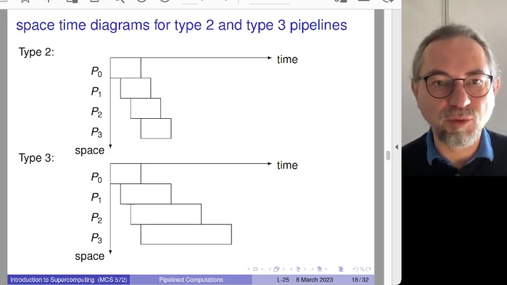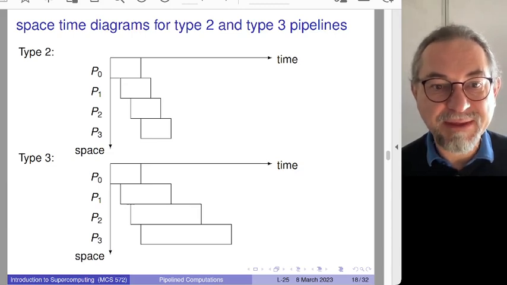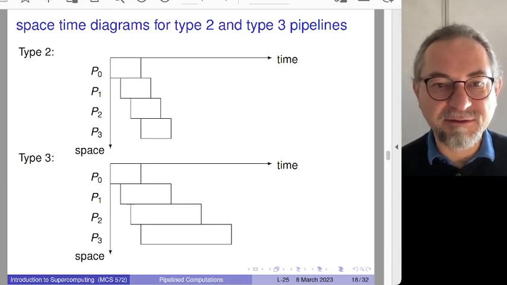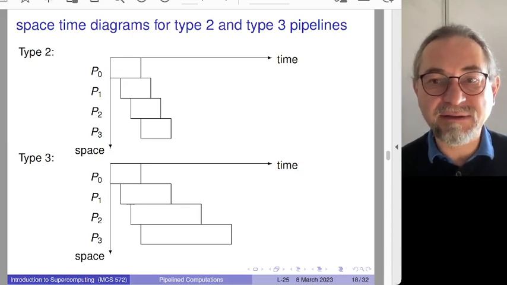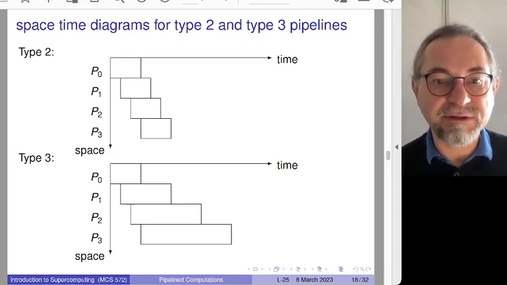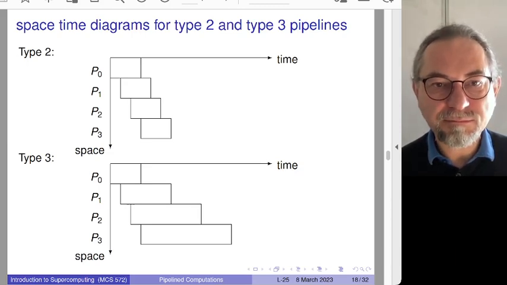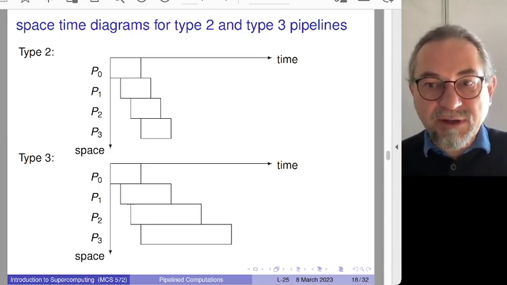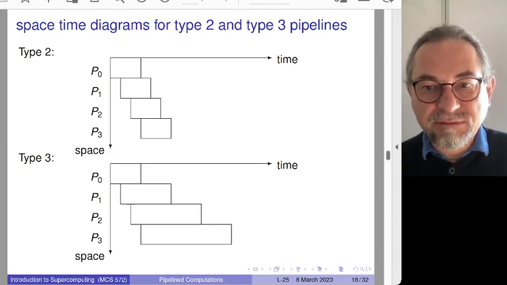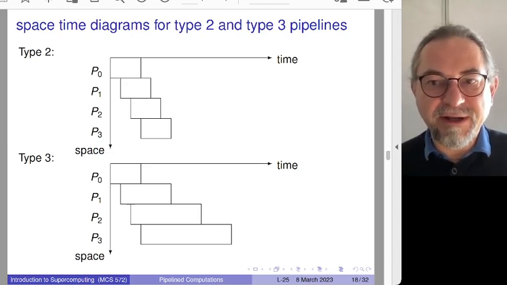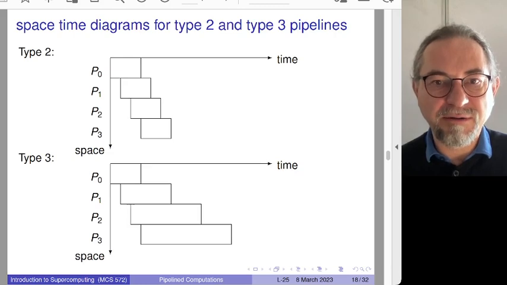So it's not too hard to come up with examples, and actually most of the pipelines will actually be of type 3, where the processes are overlapping and they are also different in time. So the type 1 pipeline was actually a very first example, easy to analyze as well.